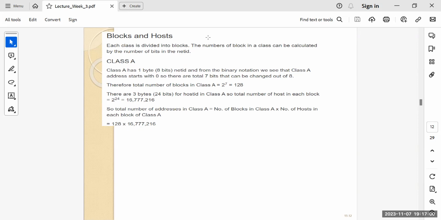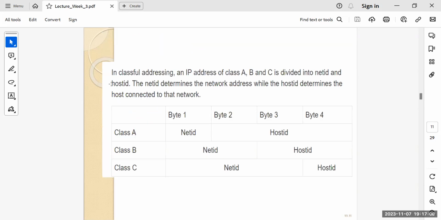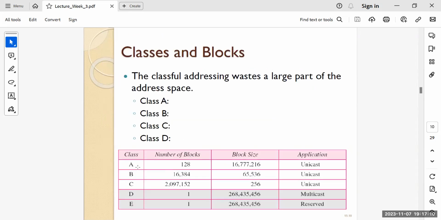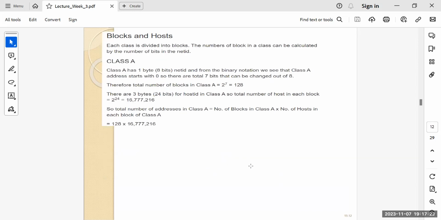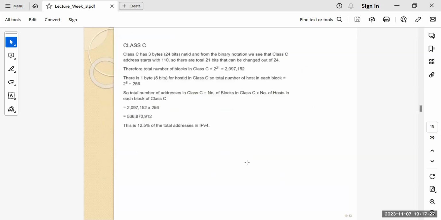So these many addresses can be assigned in case of class A. Let's get back to this. You see that in class A, the number of blocks is 128 and the block size is this number, right? So the number of blocks is now clear to you and the block size is now clear to you. Let's move on to class C.